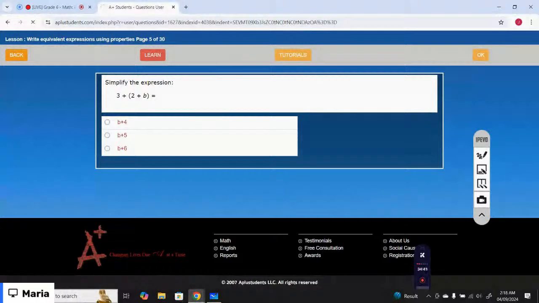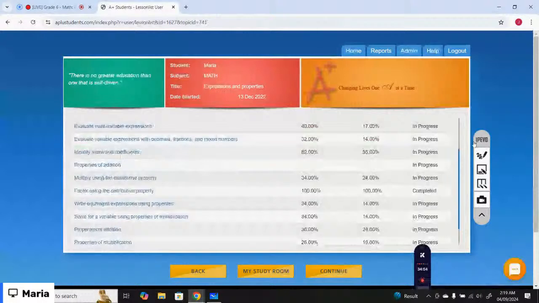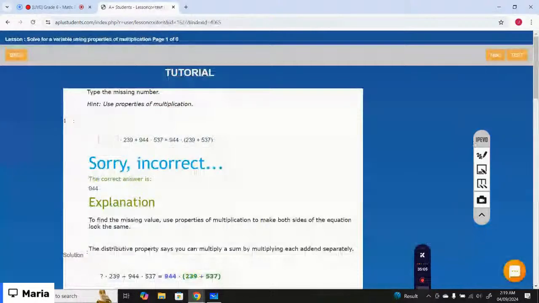And the next lesson is solve for a variable using properties of multiplication. Let's start with the first example: type the missing number.